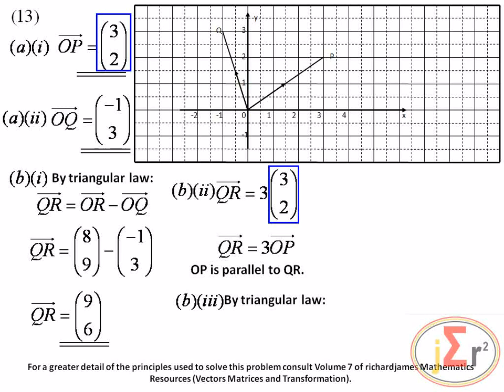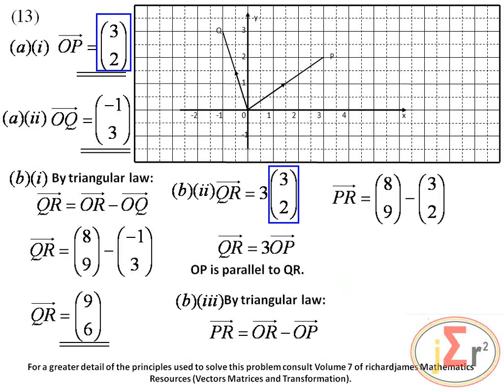Now we are required to determine the magnitude of the vector PR. But before determining the magnitude of the vector PR, we need to use the triangular law to find the vector PR. So PR is equal to OR minus OP. So OR we have as (8, 9), and of course we know OP to be (3, 2).